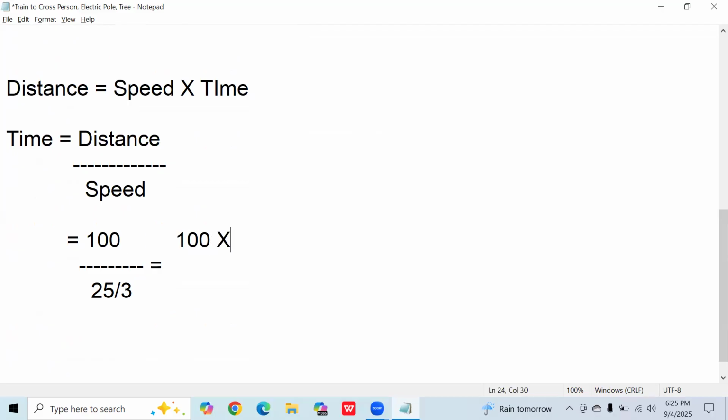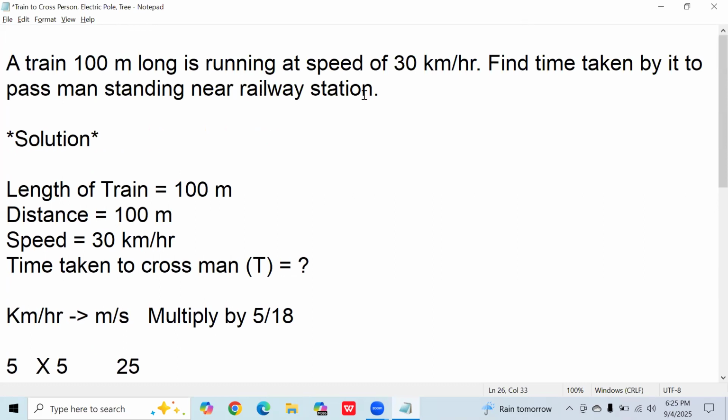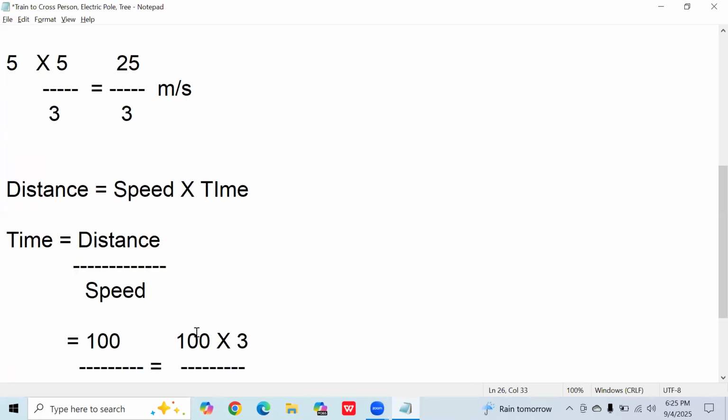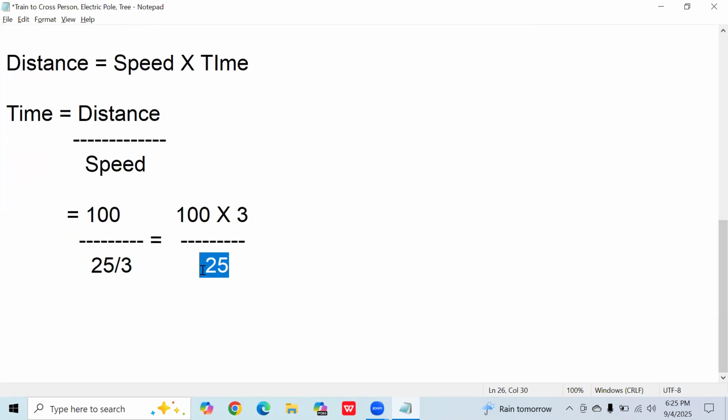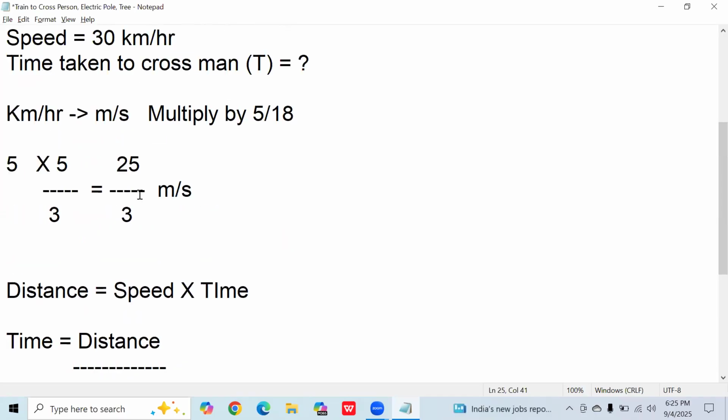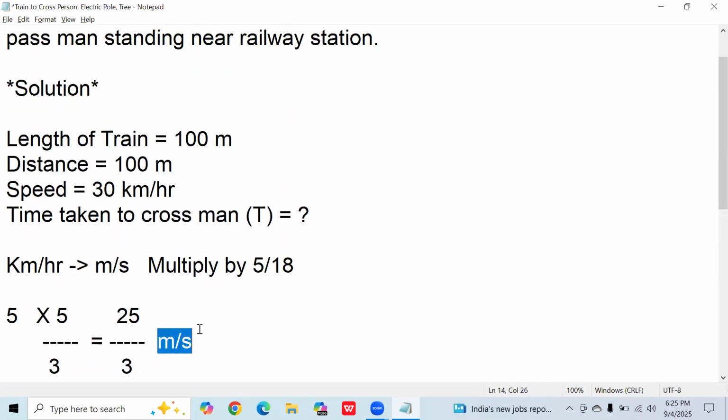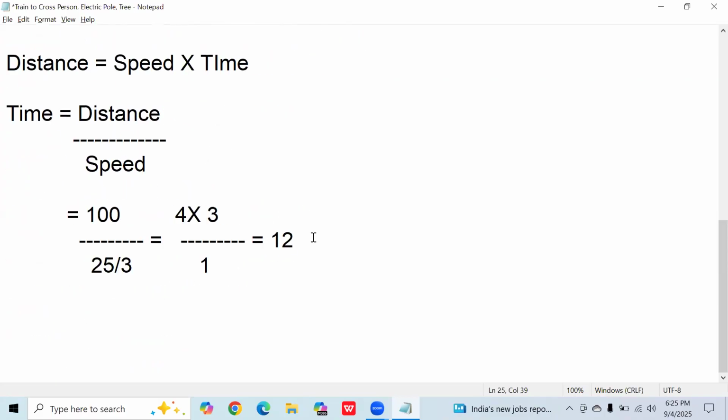This 3 will go upward and this 25 will remain as a denominator. So the time required for the train to cross the man is 100 into 3 divided by 25. 25 1s are 25, 25 4s are 100, and 4 into 3 becomes 12. Now you see that the speed we have is in meter per second and the distance is in meter. So whatever answer we got, that is 12 seconds.